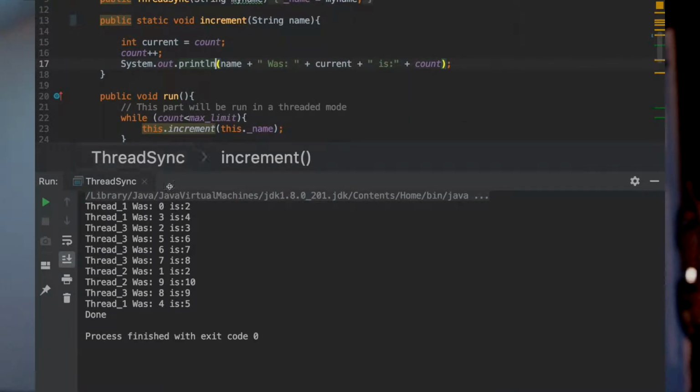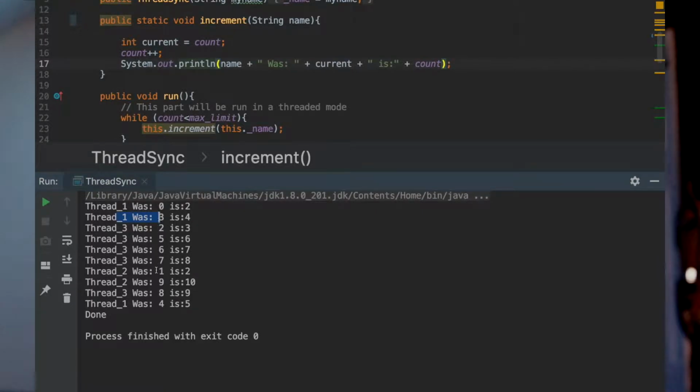You can see that the thread before it wrote the count went from 0 to 2. Both threads were going towards the same thing. Then thread 3 went in and incremented it to 3.